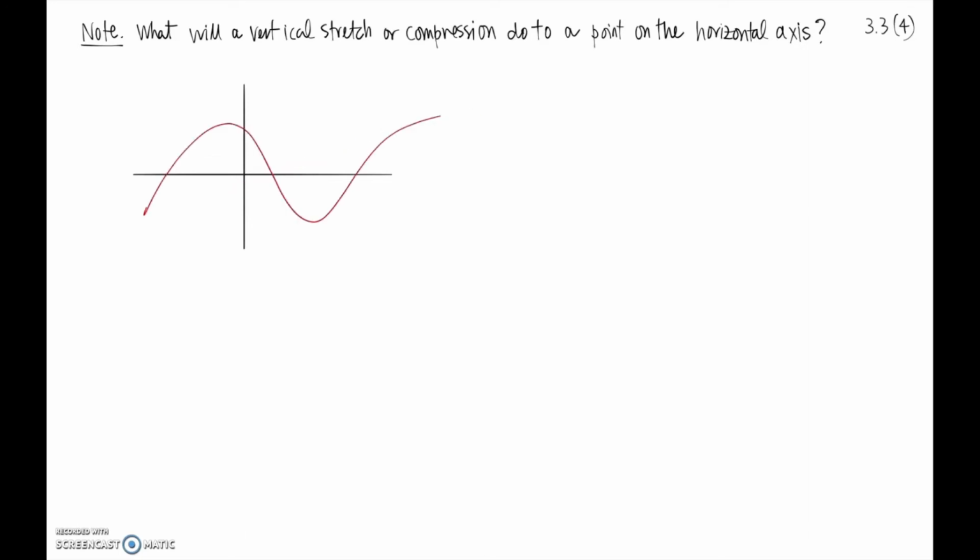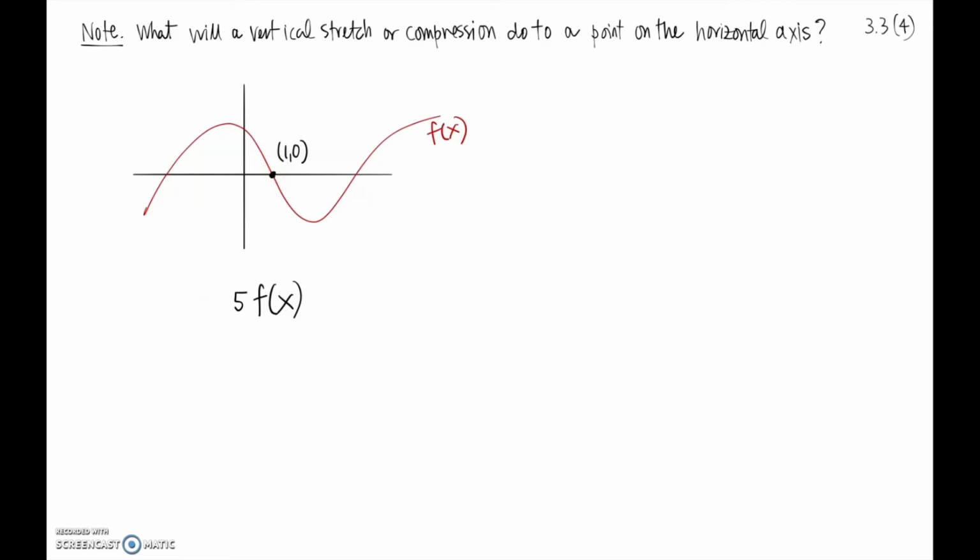You've got some function f of x, and maybe we want to think about what is 5 f of x. And specifically, I want to know what is it doing to this point right here? Say that that's the point 1, 0. In this vertical stretch of a factor 5, where does this guy go?